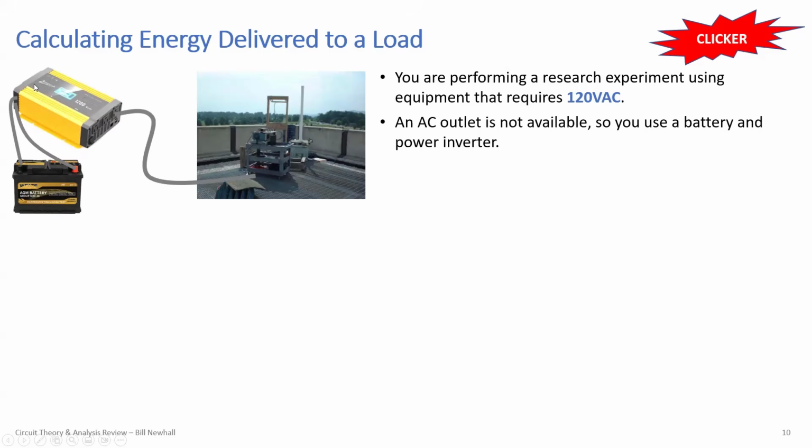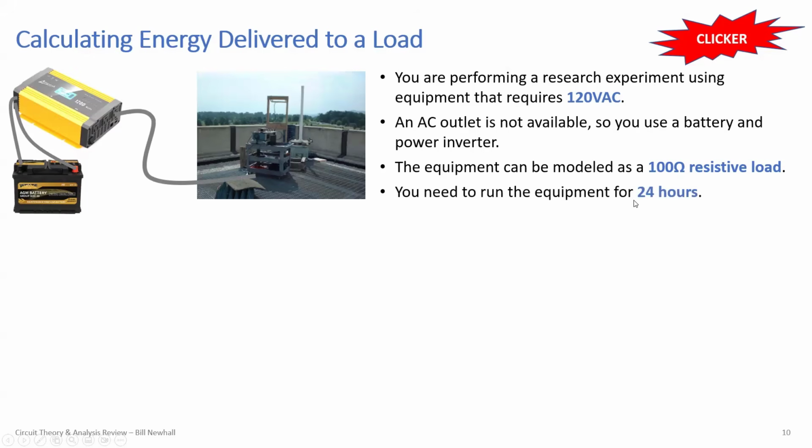And so this converts 12 volts to 120 volts. And you're going to model this equipment as a 100 ohm resistive load. And you need to run this equipment for 24 hours. Okay, so the equipment looks like a 100 ohm resistor. That's a stretch, but it's an example.